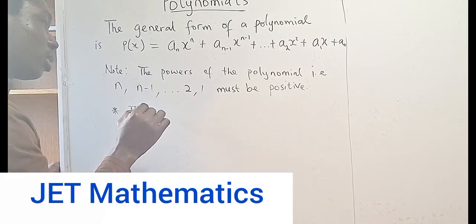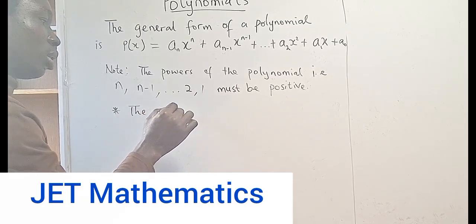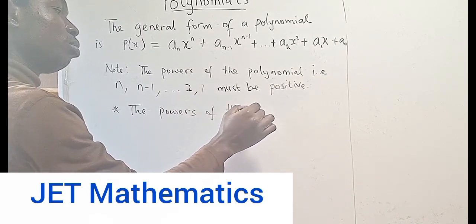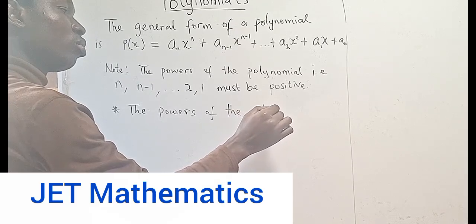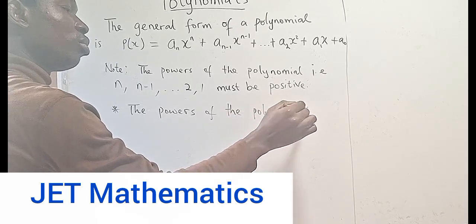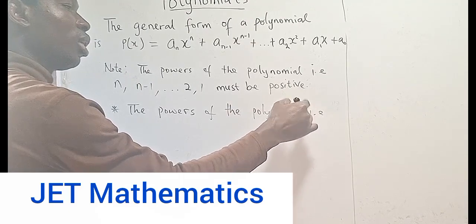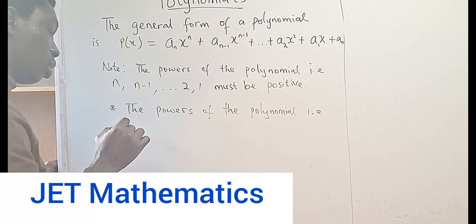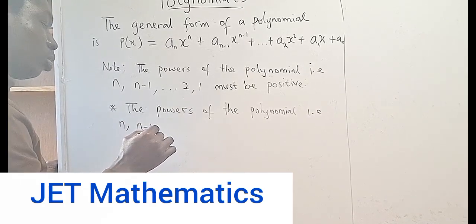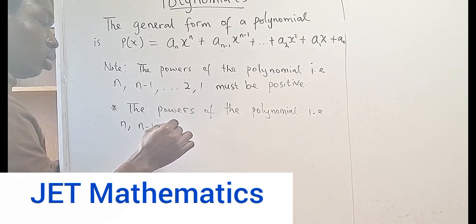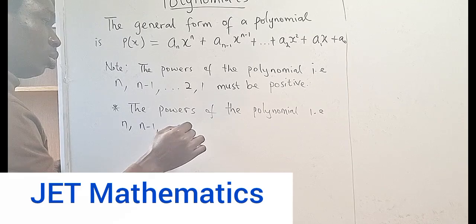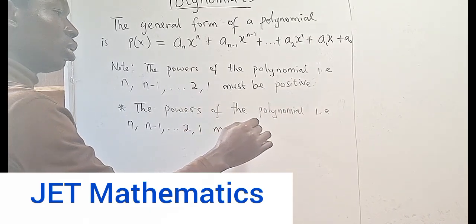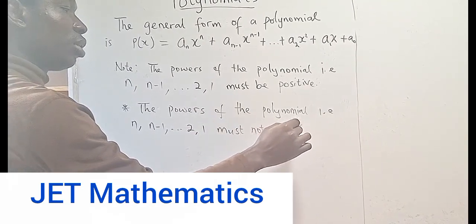The powers of the polynomial, that is n, n minus 1, 2, 1, must not be rational.